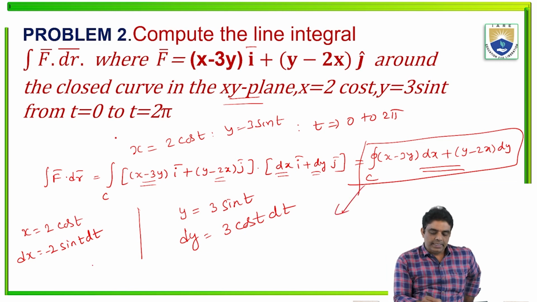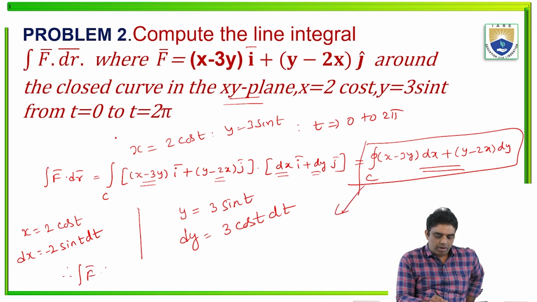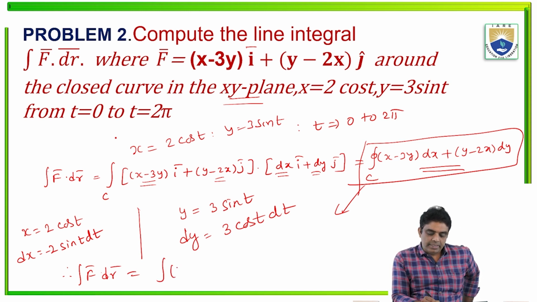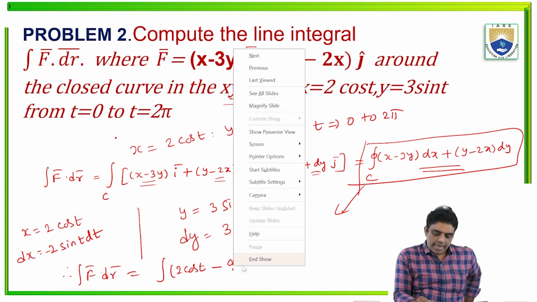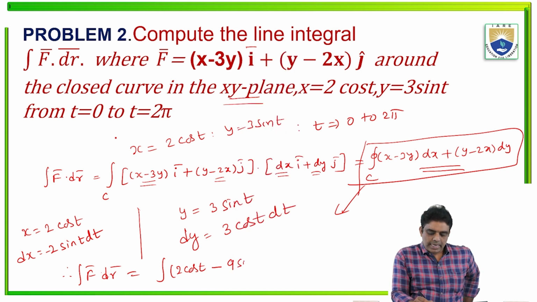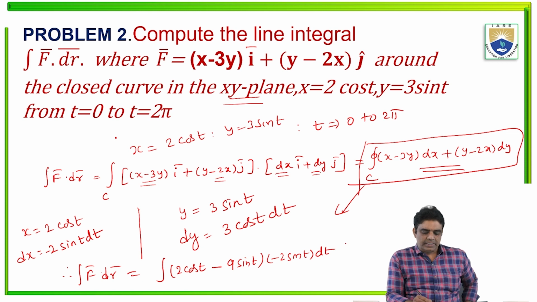So now see this integral. Therefore, integral f bar dot dr bar is equal to integral of x minus 3y, where x means 2 cos t minus 3 into y, and y again multiplied with the 3, that will be 9 sin t, times dx, which is minus 2 sin t dt. That is the first term.